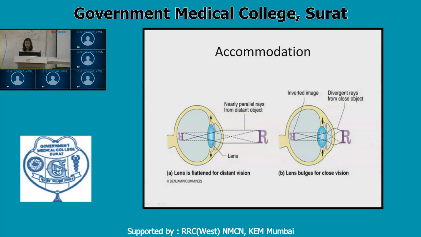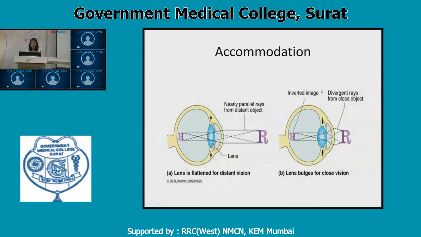If the object comes nearer to the eye, the ciliary muscle contracts, and the zonules or suspensory ligaments relax, which increases the anterior curvature of the lens, or the dioptric power of the lens increases, and it behaves as a more converging lens. It converges the light. So the image which was initially formed behind the retina is now focused on the retina due to this accommodation, and this adjustment in the eye's optical system is known as accommodation.